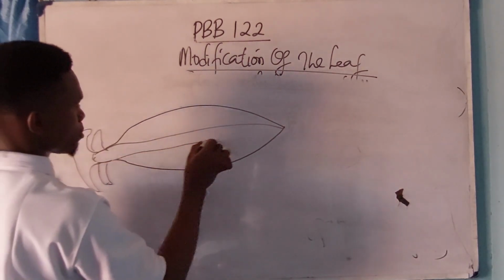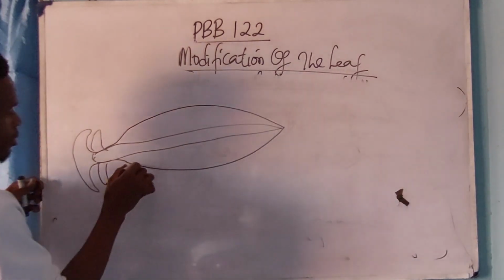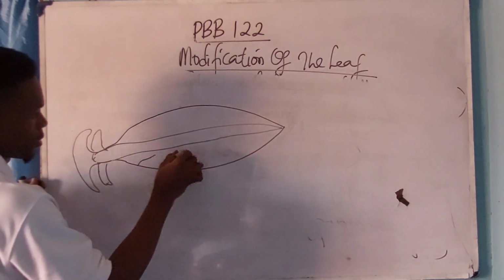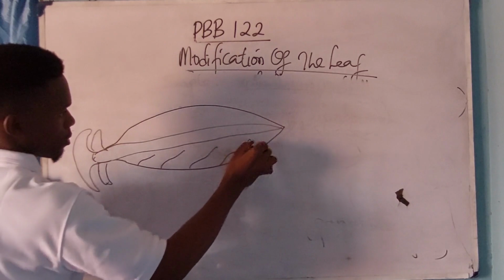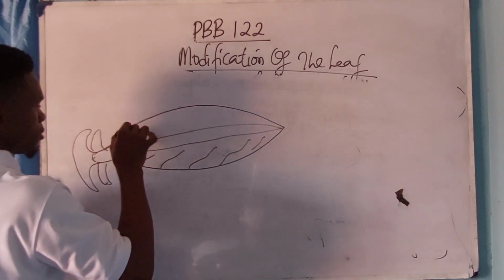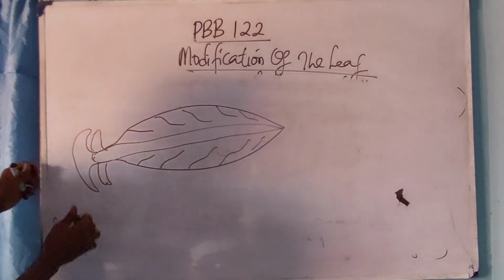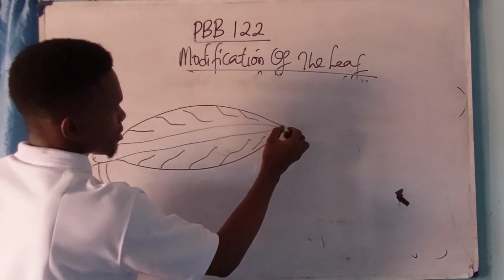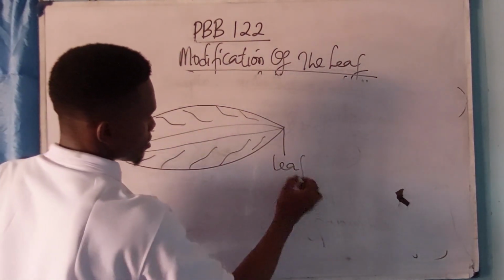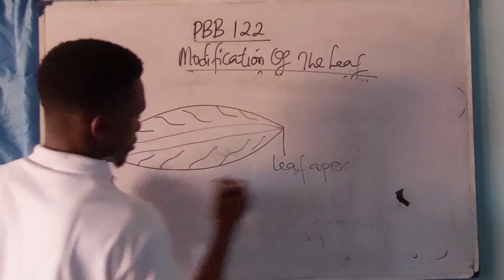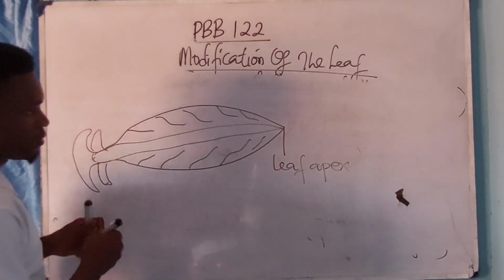This is what I'm using to round off the class. This part is called the leaf apex.